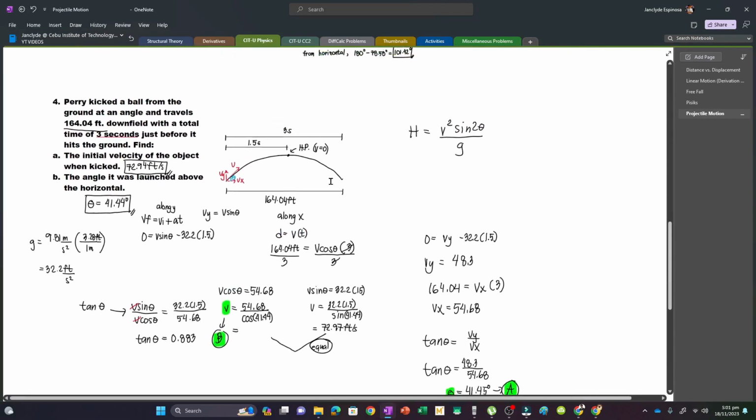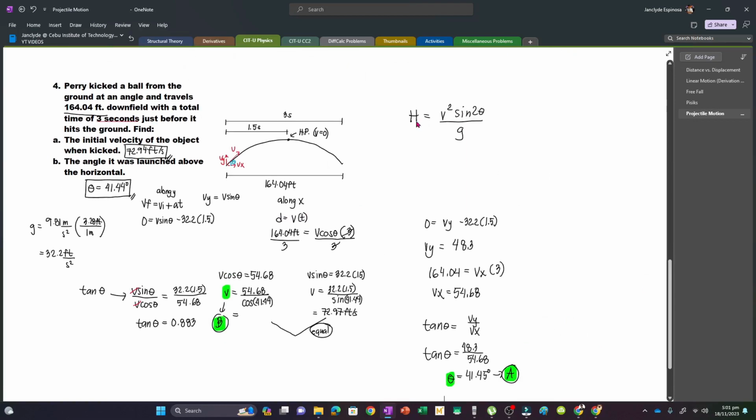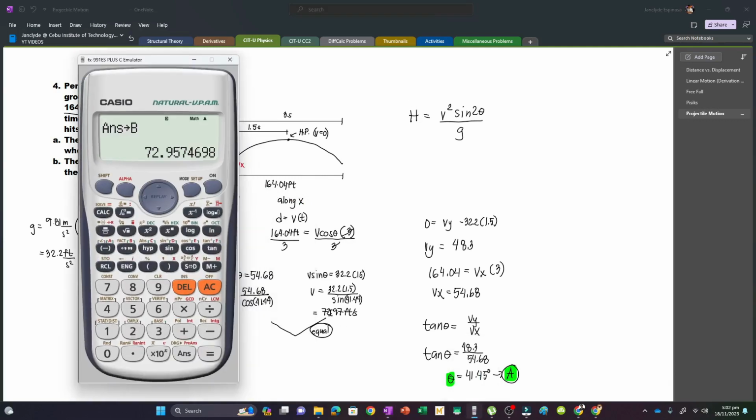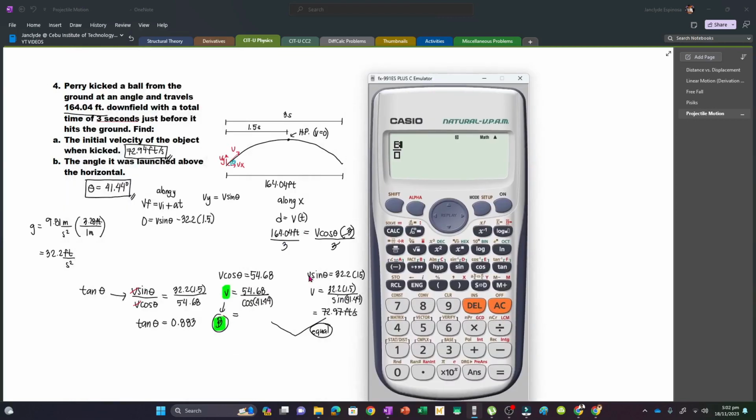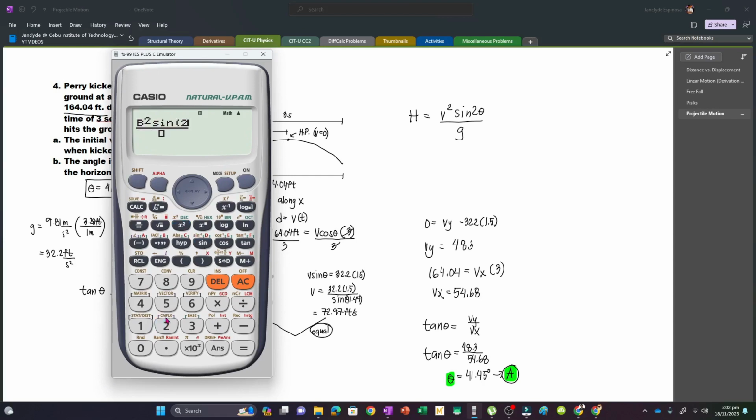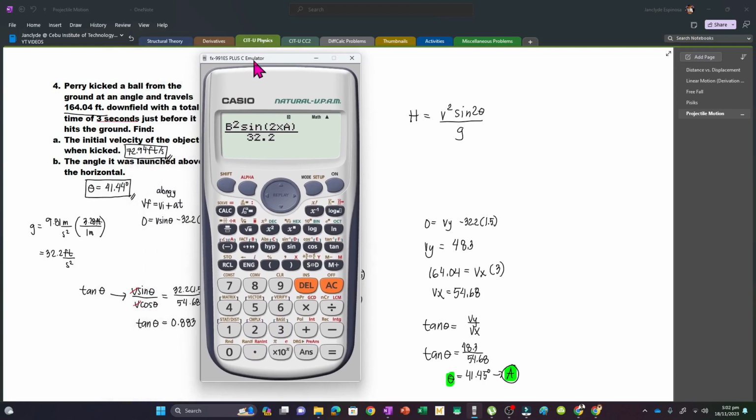So, let's apply this formula. This H should be the total horizontal distance, that 164.04. Let's substitute the values and see if the H we get is 164.04. So, V squared, with V stored in B, so B squared, sin 2 theta, with theta stored in A, so times A, and then over G. G, again, is 32.2.